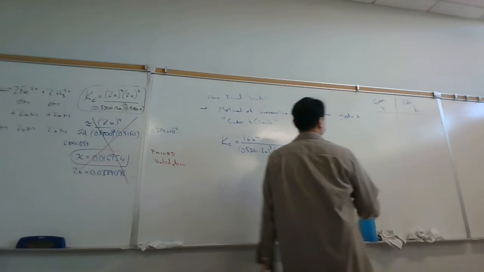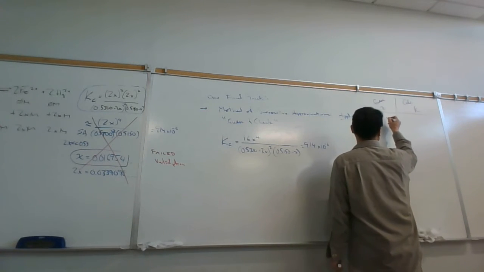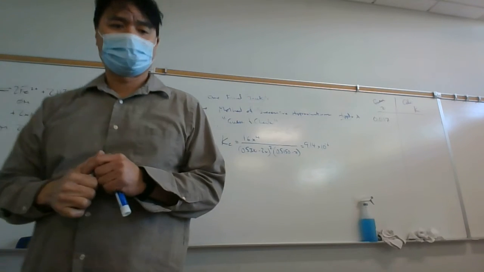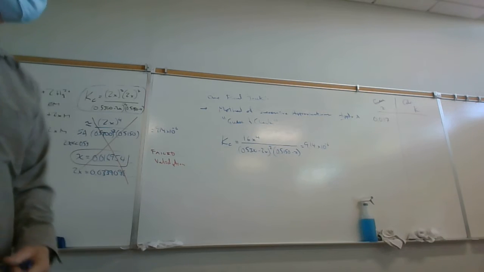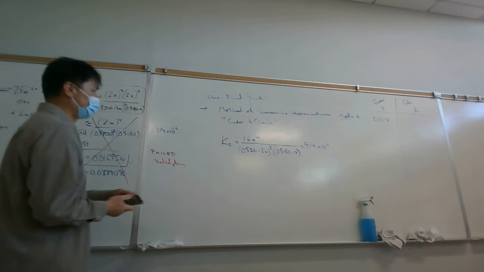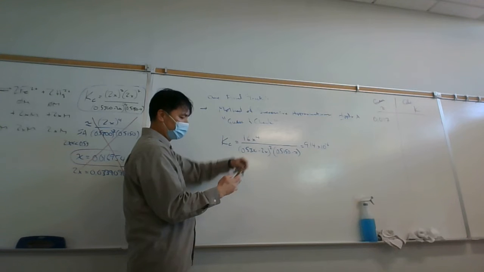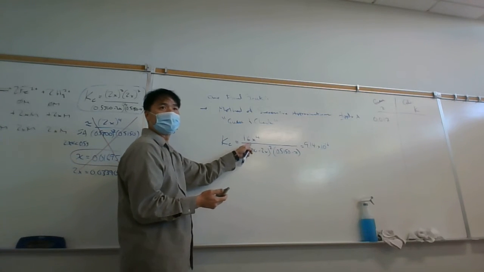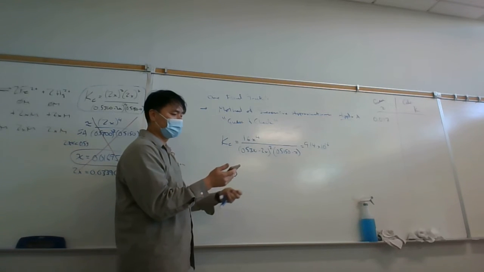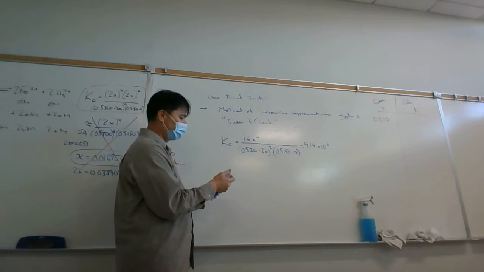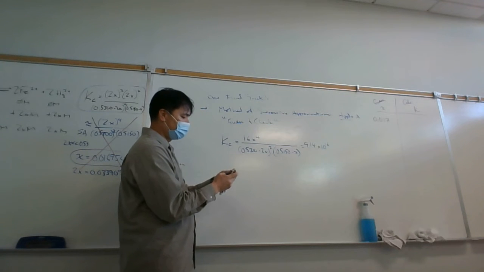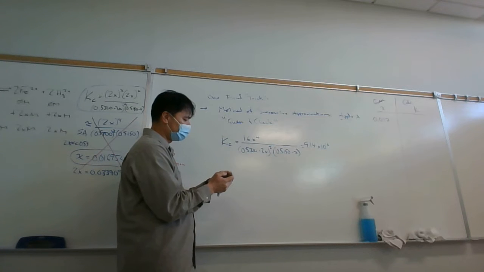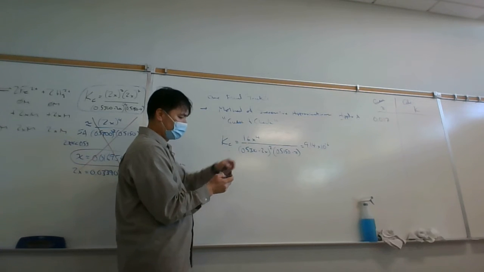So we'll just go with 0.017. Maybe two digits, to make life easier. And see what we come out with. So we'll try 0.017. I'm just going to use my calculator here. If you have Excel, this would be pretty easy to set up in a spreadsheet. You can do this pretty quickly. But we're going to do this by hand. So 0.017 to the 4th. I'm just going to square it twice. Twice. Times 16.